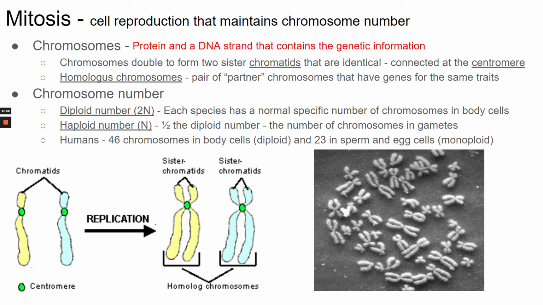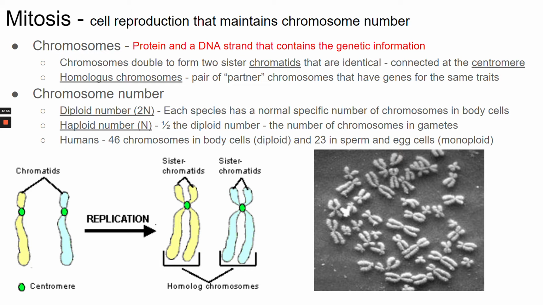They're held together with a little section called the centromere. And these two halves of the chromosome are identical to each other. Okay? These two halves of the chromosome came because one side copied itself to make the other side. Those are called chromatids, sister chromatids. They're identical to each other.